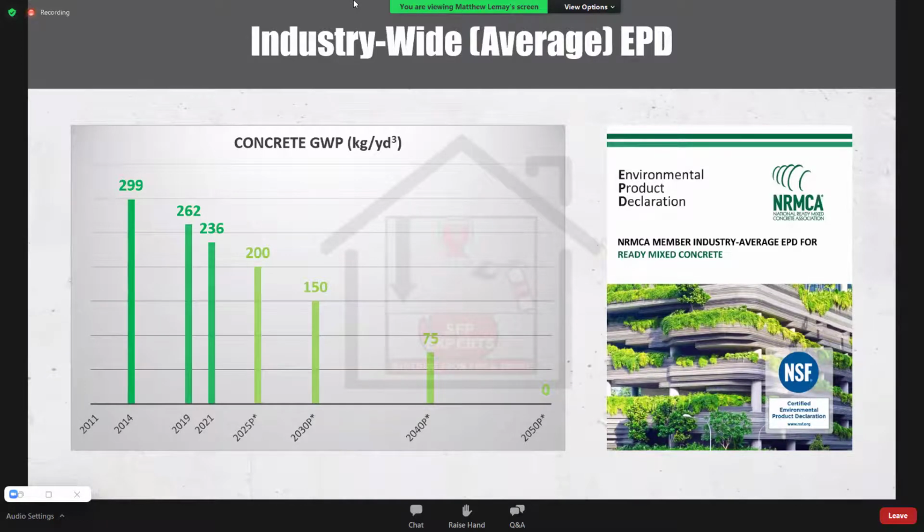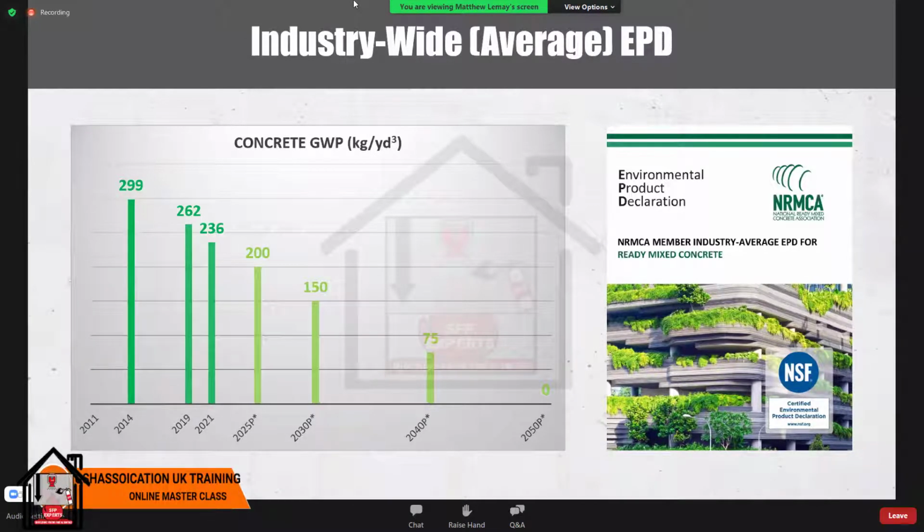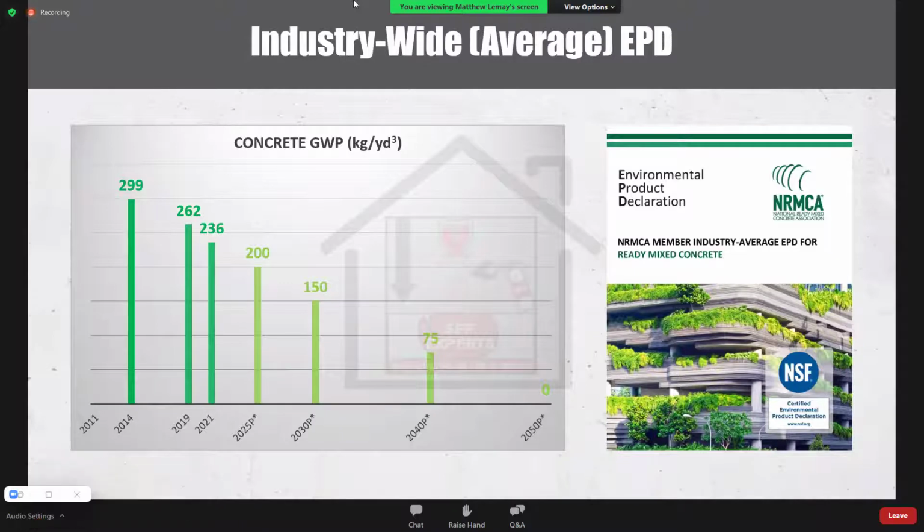The goal is a document that producers can use for business-to-business communication to convey the environmental impacts of concrete without necessarily needing to produce a product-specific EPD. Katie will later discuss the best use cases for a product-specific EPD versus the industry average EPD.